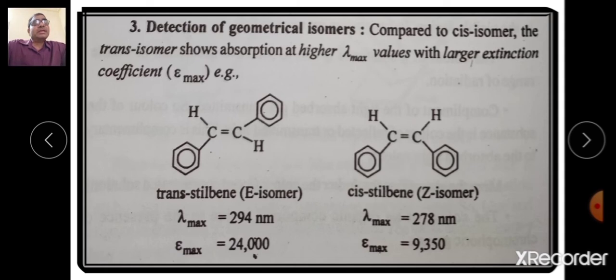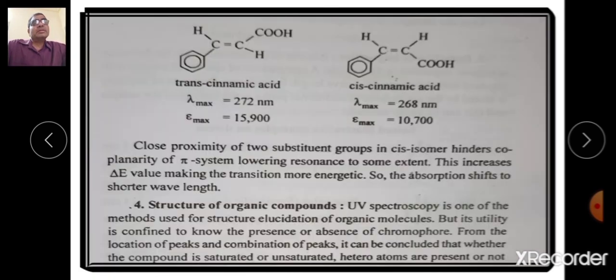Let us see another example, cinnamic acid. The first variety is trans, the second is cis. When the trans variety is present, the lambda max value is 272 nanometer, while cis cinnamic acid has a lambda max value of 268 nanometer.